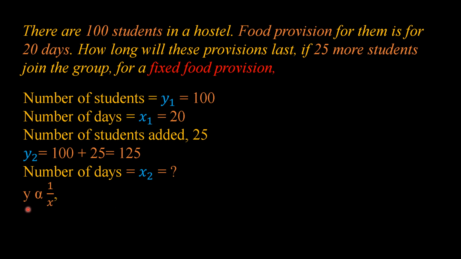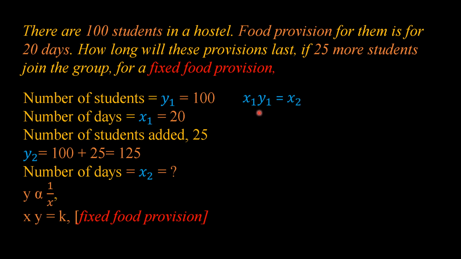Here we observe that y is inversely proportional to x, that is xy equals k, where k is the fixed food provision. We also have for inverse proportion x1 y1 equals x2 y2. We will substitute the values: 20 for x1, 100 for y1, 125 for y2, and we have to find x2.